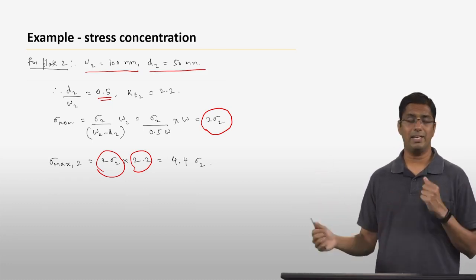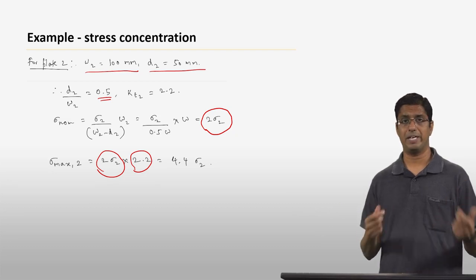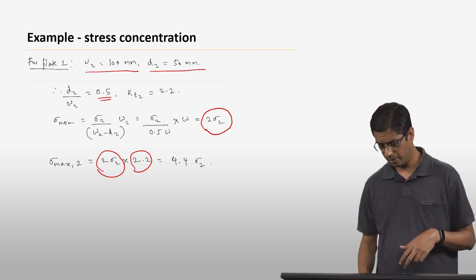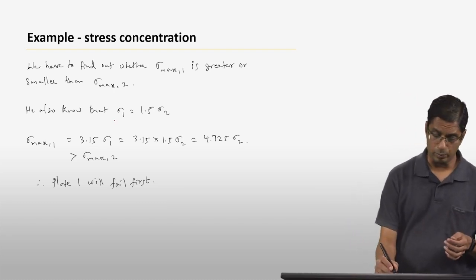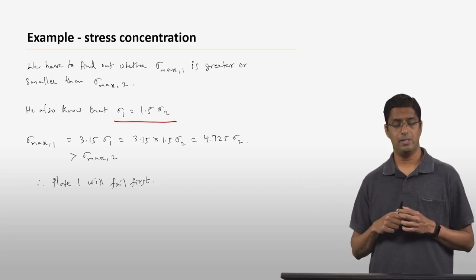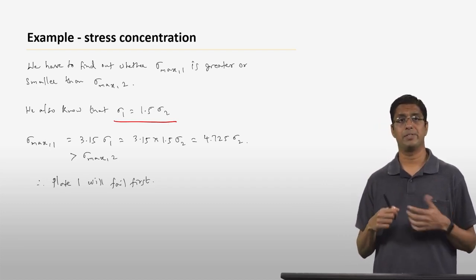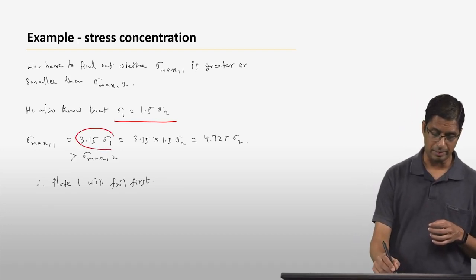Okay, but that doesn't immediately tell us which plate is going to fail first. So essentially, we have to compare these two maximum stresses. For that, we can use the fact that sigma 1 is given to be 1.5 times sigma 2. We already found out what the expression for sigma max in the first plate is, which is 3.15 sigma 1.